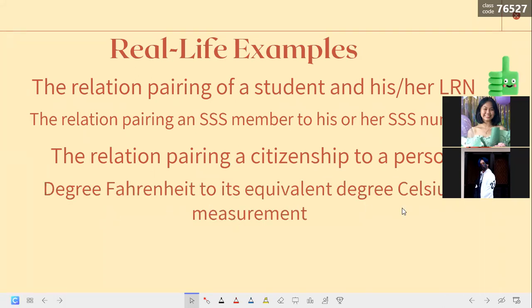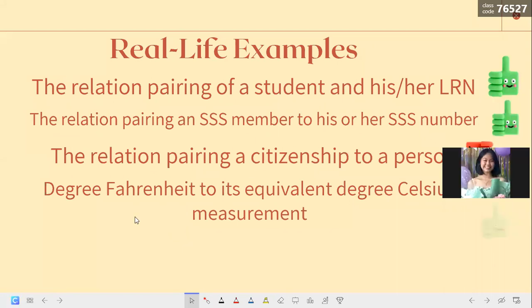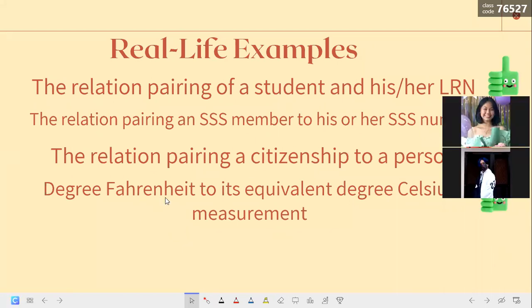So thank you. Fahrenheit, it's equivalent degrees Celsius measurement. Is this an example of a one-to-one? Yes, it is. Diba? So wala namang nagdodobleng value. For every one value in degree Fahrenheit, it corresponds to one value. May corresponding value siya sa Celsius. Next, a student to his or her grade.